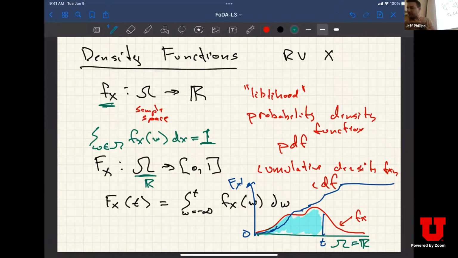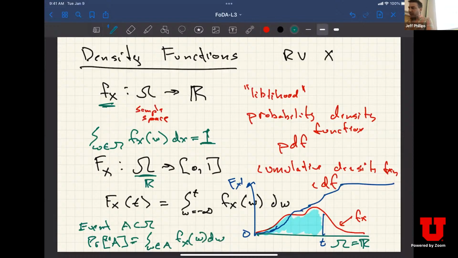I can say that for an event A, which is a subset of the sample space, the probability that x is in this event is the integral over omega in A of w of x.